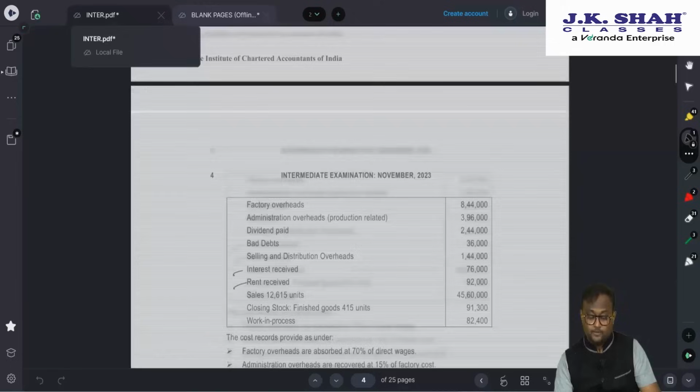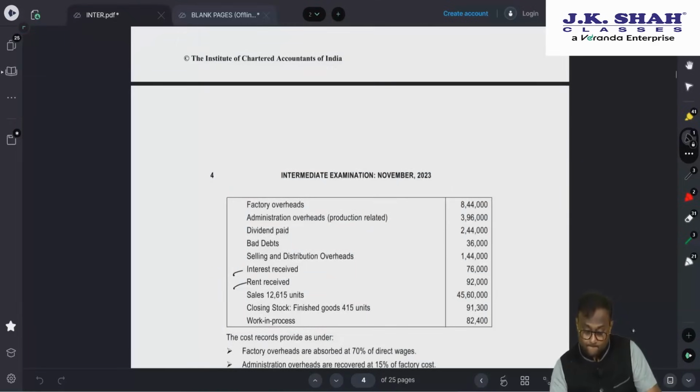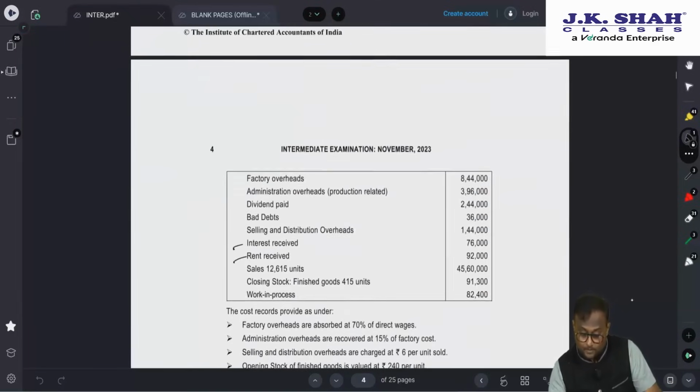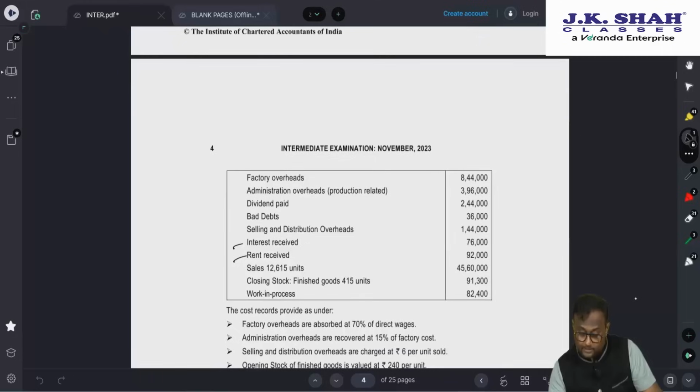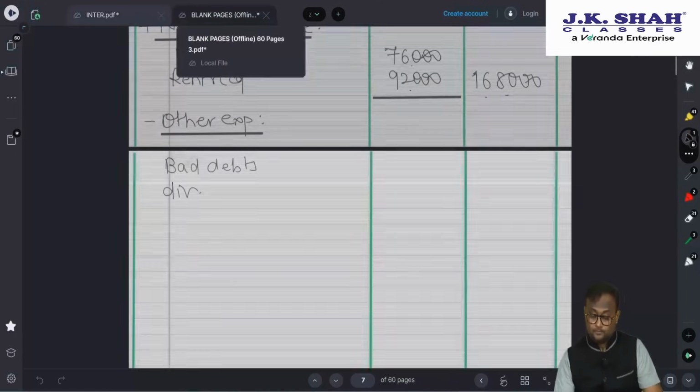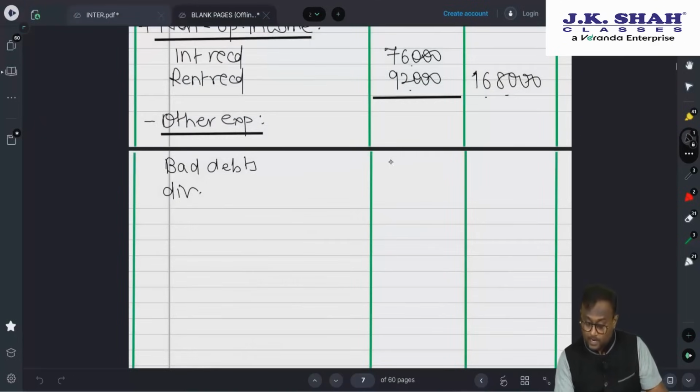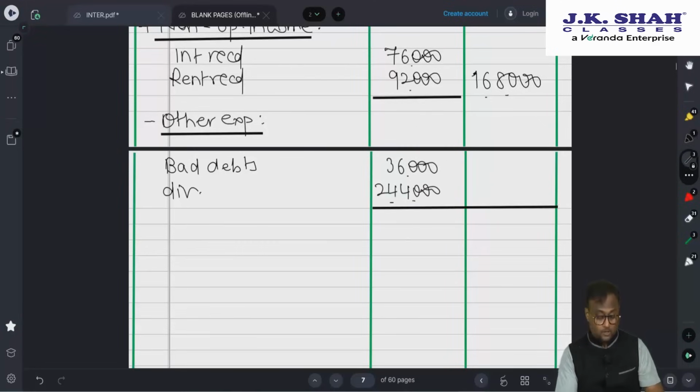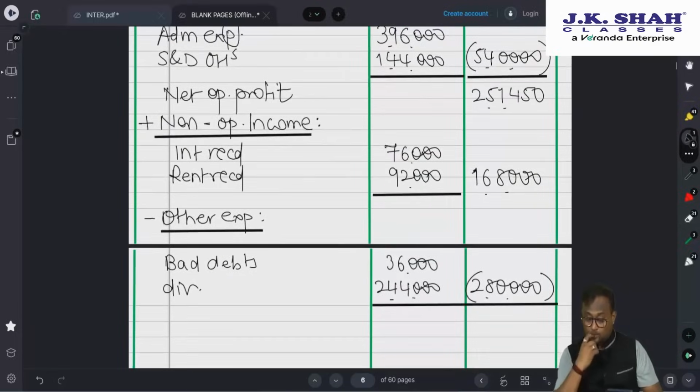How much is bad debts given? Bad debts 36, dividend 244. 2,80,000.